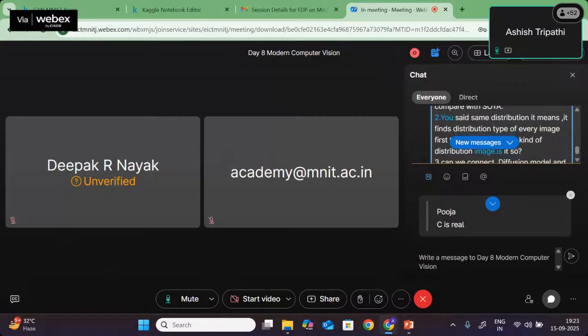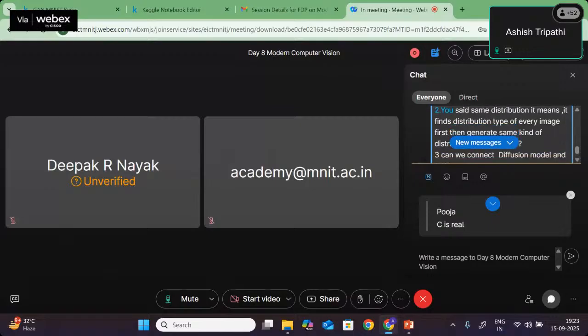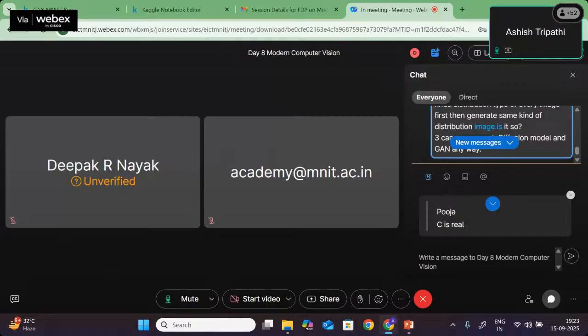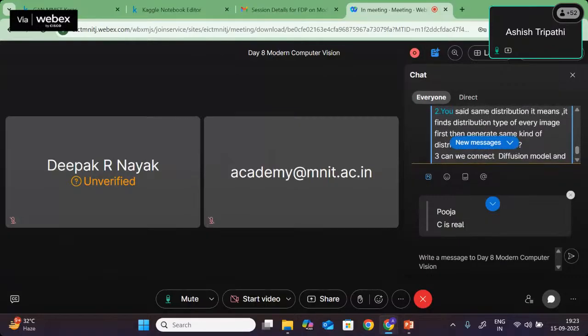Second question: you said same distribution. It means it finds the distribution type of every image first, then generates the same kind of distribution images. Is it so? Same distribution doesn't mean we are trying to mimic the distribution of a single image. For example, I have a corpus of 2000 or 3000 or 4000 images.